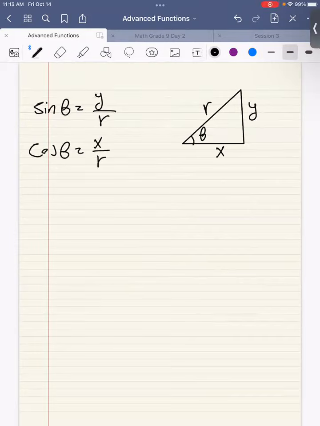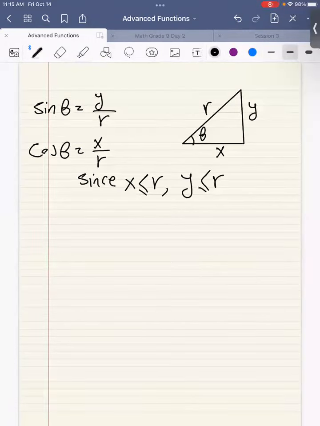An important observation is that since x is less than or equal to r, and y is also less than or equal to r, that means both sine theta and cosine theta are between -1 and 1.